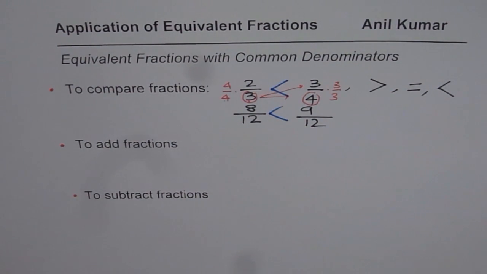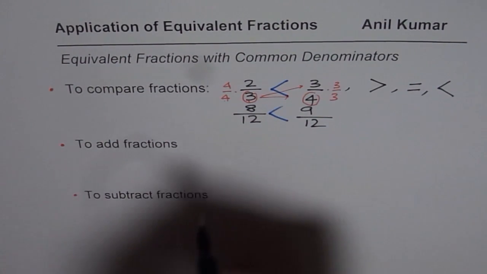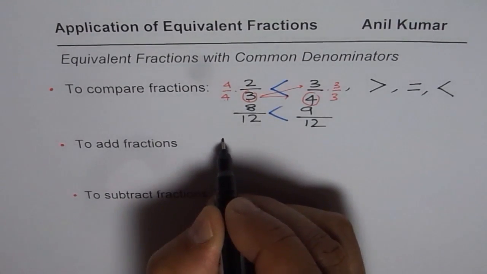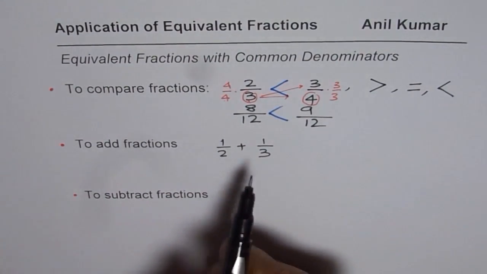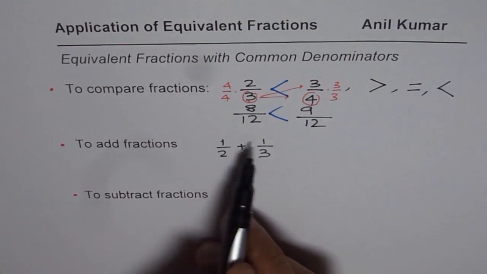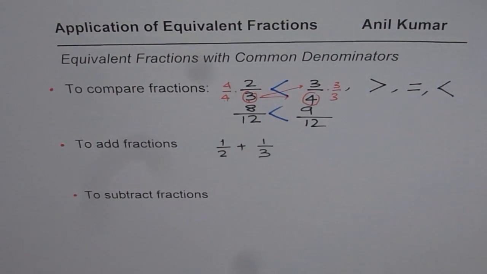Now let us see how to add fractions which do not have the same denominator. Let us say you want to add 1 over 2 with 1 over 3. In this particular example, 1 in the numerator is the same but does not help. The denominator should be the same.